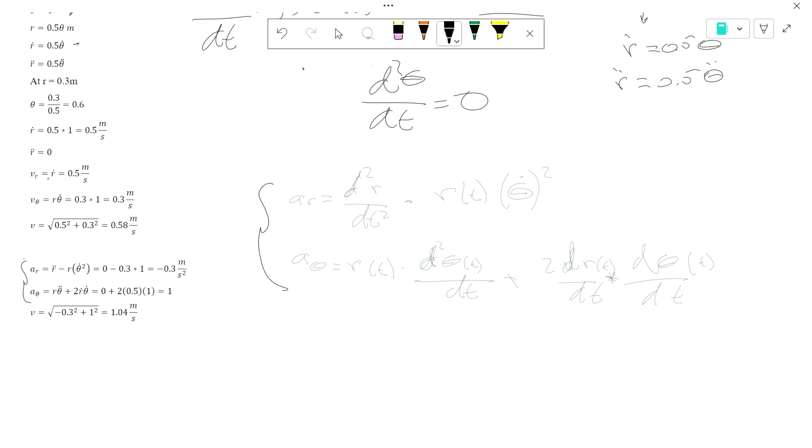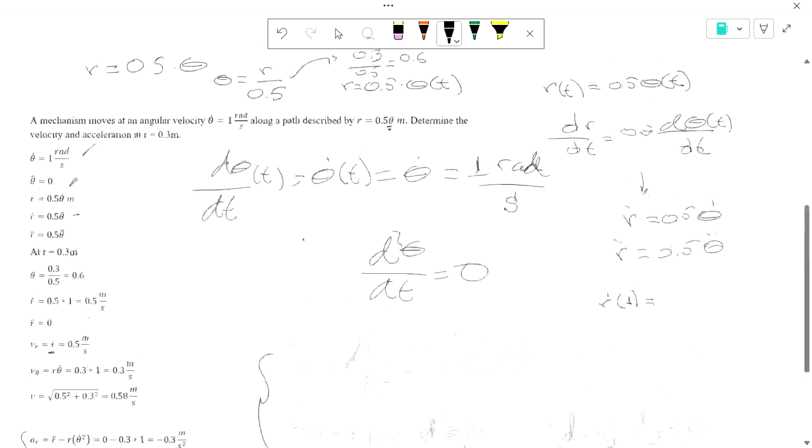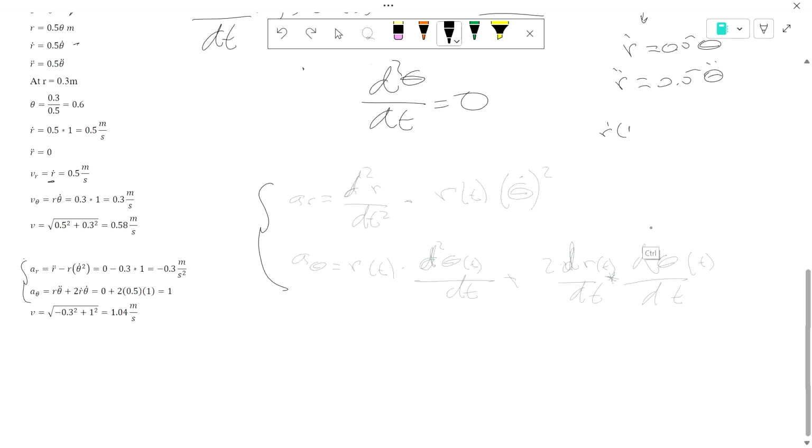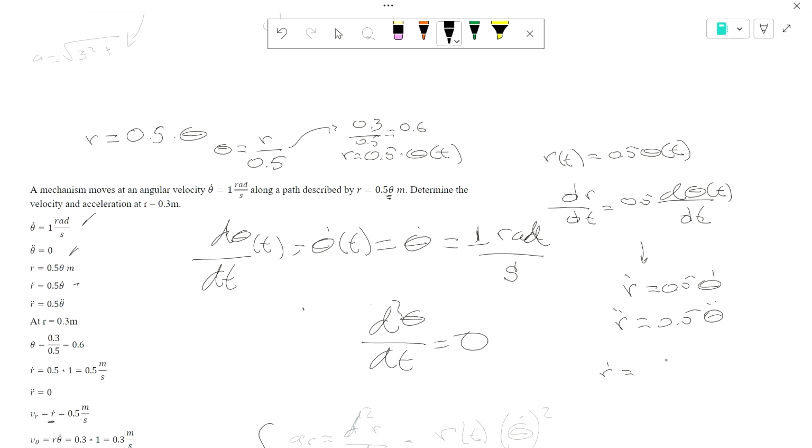The velocity we already know, because the velocity has radial components with r dot. Let me say that again: r dot is equal to 0.5 times theta dot, and theta dot is 1.